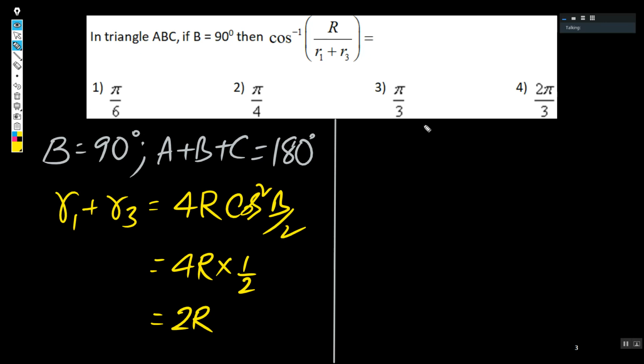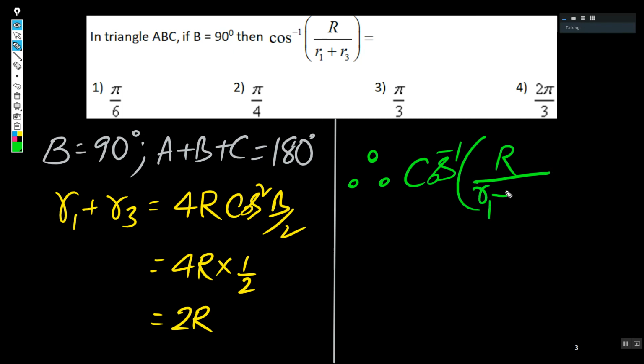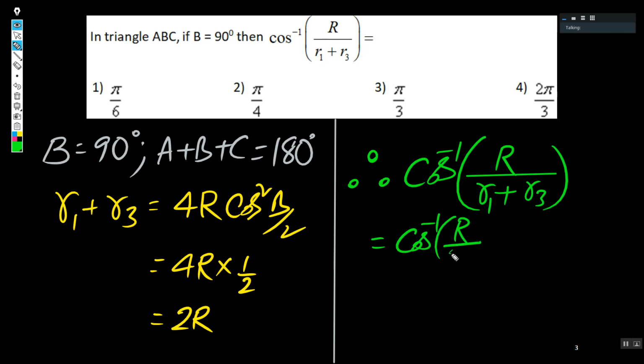What's the final answer? Pi by 3. After solving the whole problem, cos inverse R upon 2R is nothing but cos inverse 1 by 2, which is nothing but pi by 3.